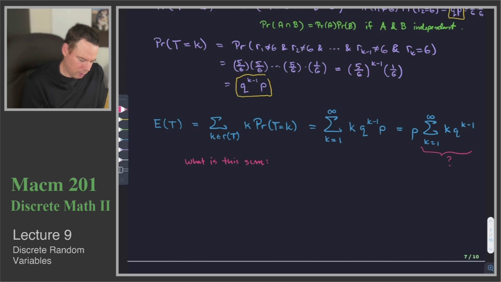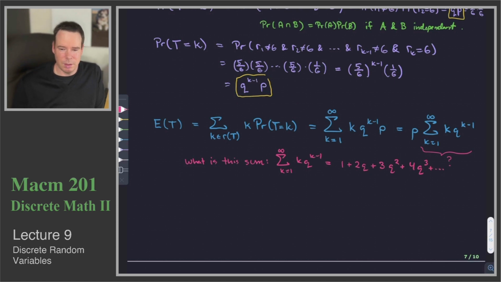This sum is k equals 1 to infinity of k times q to the k minus 1. The sigma notation is shorthand for this sum: 1 plus 2q plus 3q squared plus 4q cubed plus dot dot dot. So that's the sum we are interested in finding a closed form for.